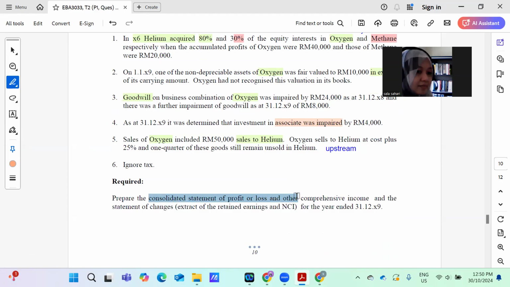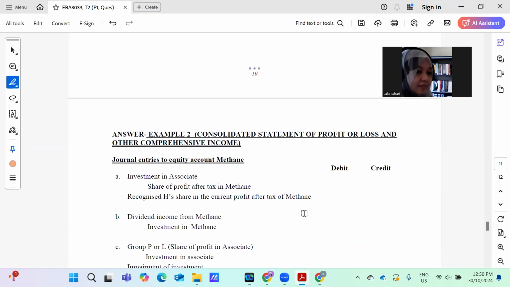Consolidated statement of profit and loss and comprehensive income, and also required to show extract of retained earnings and NCI. But here they did not require journal entries, but I will show you also the journal entries.